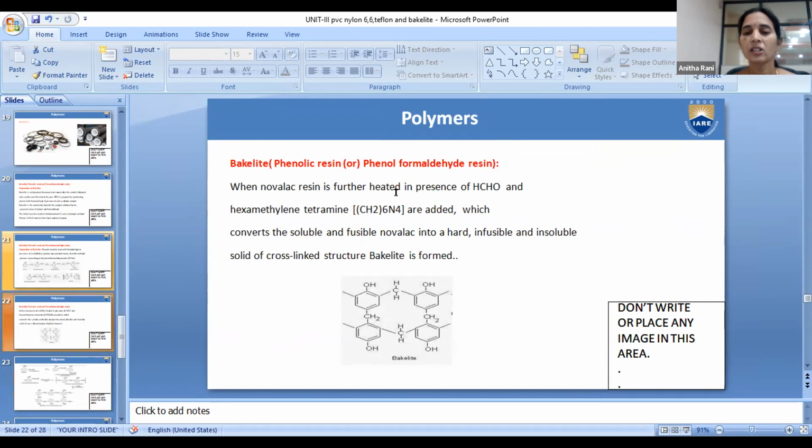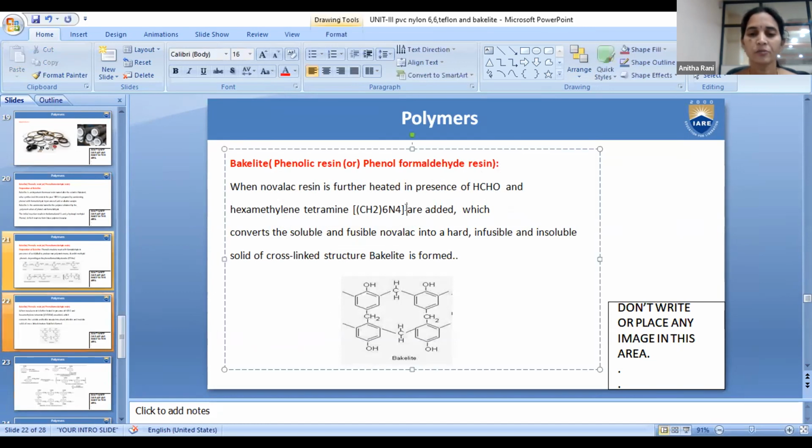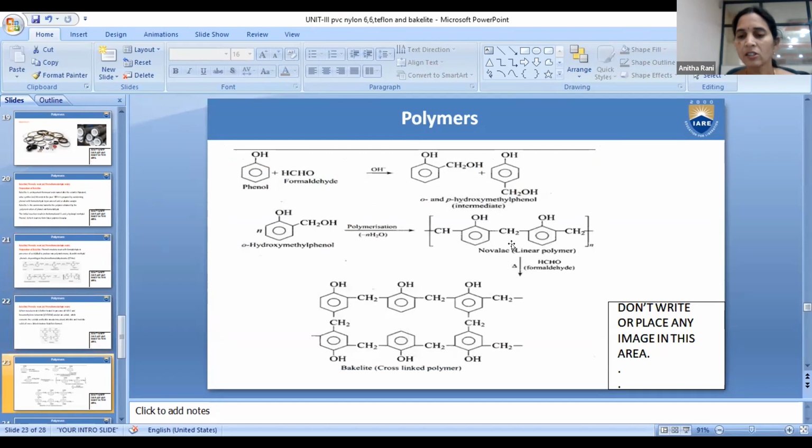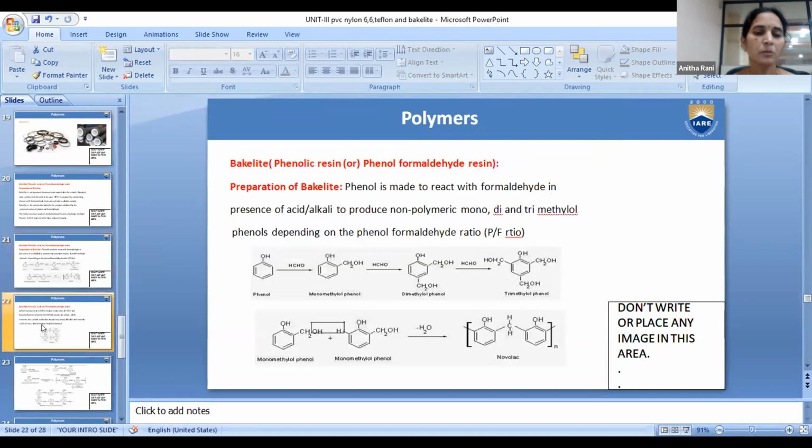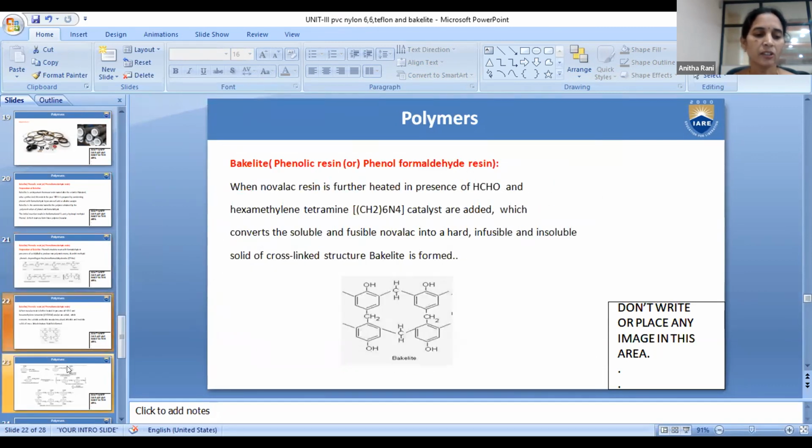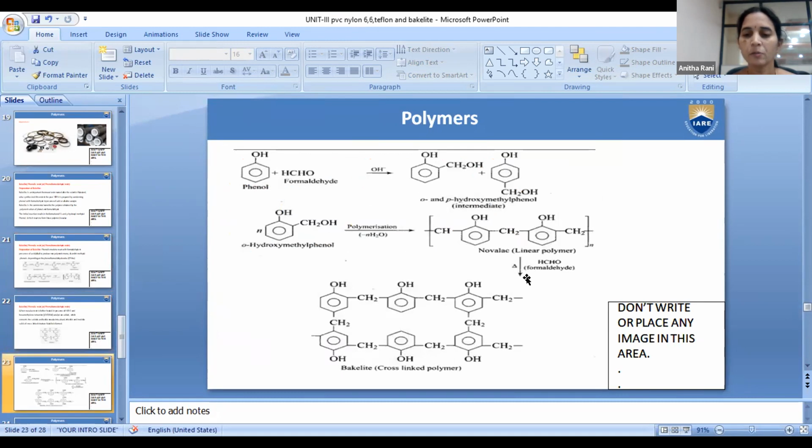Novolac resin is further heated in the presence of formaldehyde, adding hexamethylene tetramine as catalyst. After obtaining the Novolac linear polymer, we add formaldehyde and the catalyst hexamethylene tetramine, and we heat that polymer.